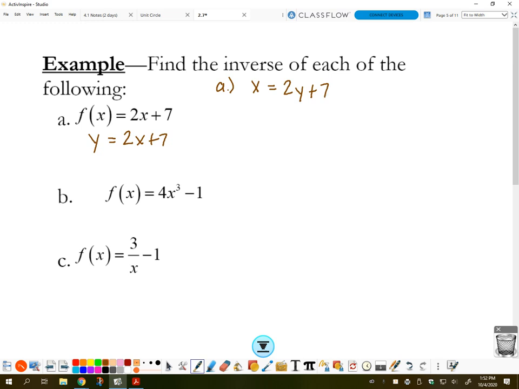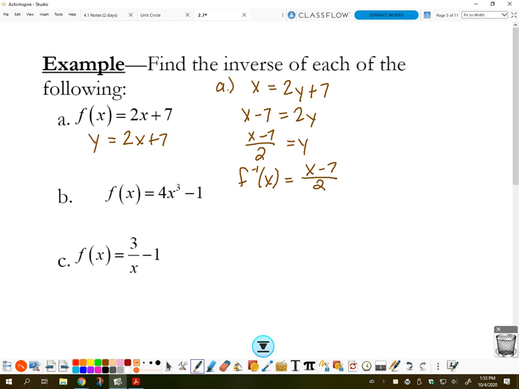Now we want to get y by itself. So we're going to subtract 7, and we're going to divide by 2. And then put your function notation back. So this would be f inverse of x is equal to x minus 7 over 2.